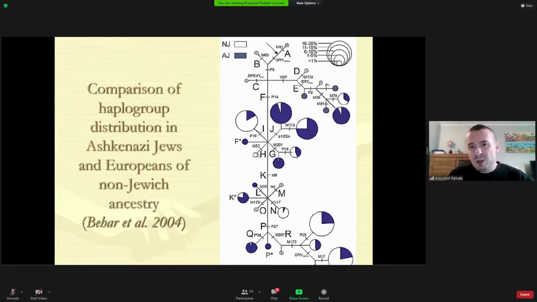And of course, some haplogroups which are typical for Europe, like R1A, which is very rare in Semitic populations, are actually also found in Ashkenazi Jews, which is evidence for gene flow between Jews and non-Jews in Europe.